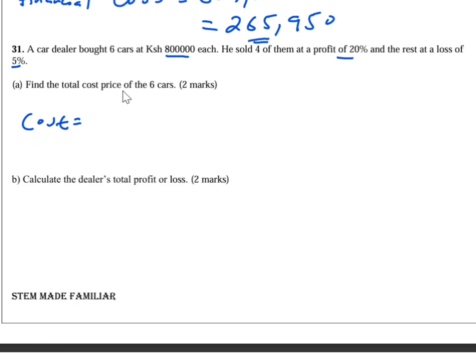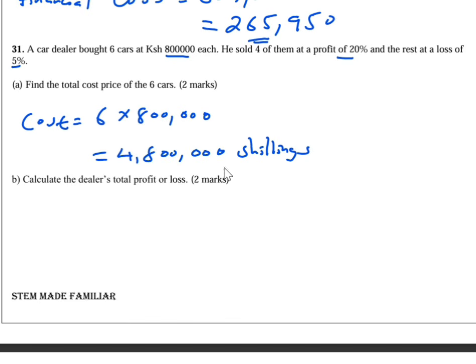Maths is very, very easy. 6 times 800,000. So we multiply the two. You'll see it is 4 million. Cost ya hizo gari zote ni 4,800,000 shillings. You get those 2 marks.